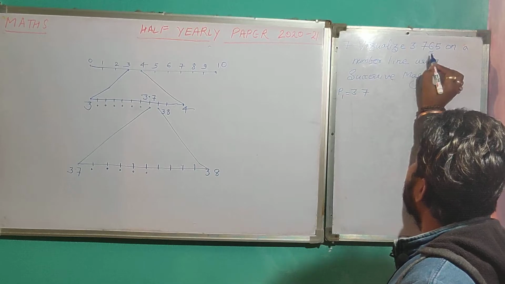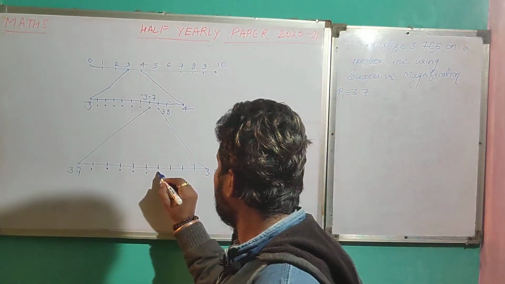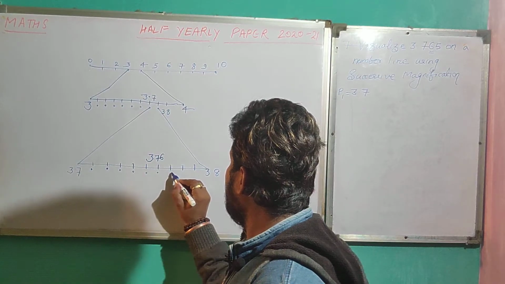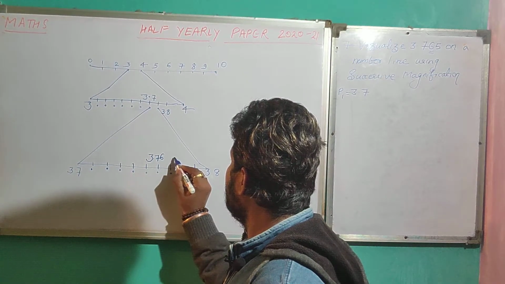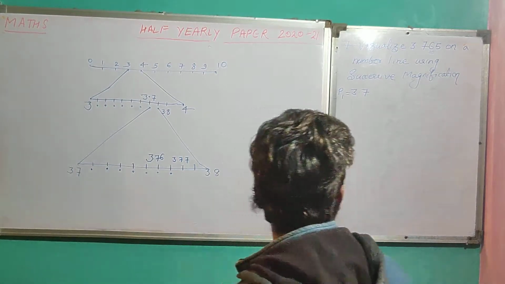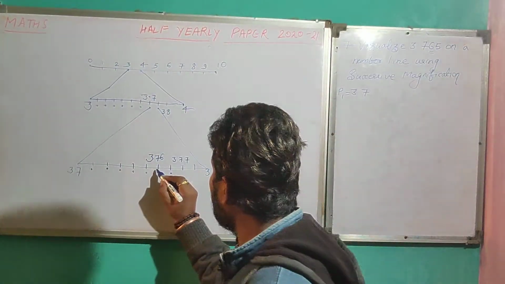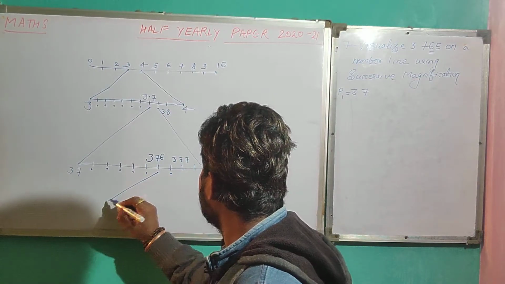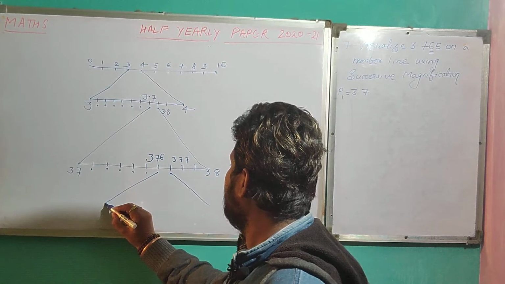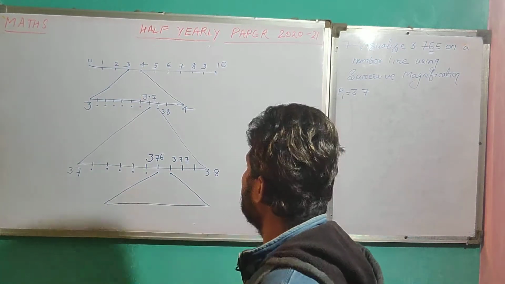We have to find 3.76. So this is 3.76, and this point is 3.77. Take these 2 points, 3.76 and 3.77, and again connect these 2 points.